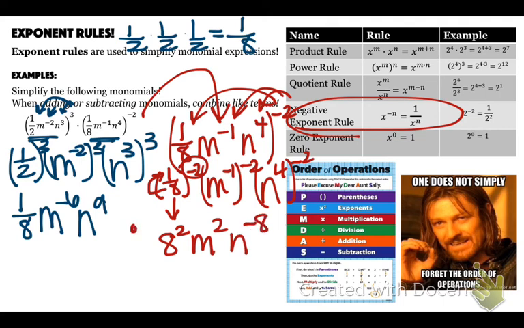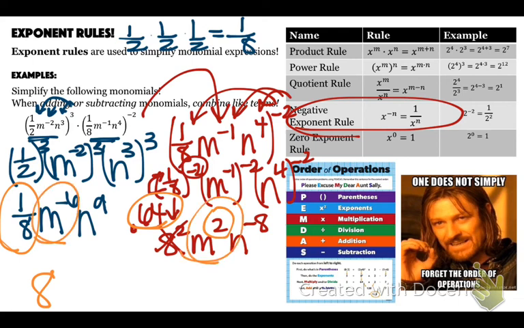So now we have these two. Okay, I'm going to run out of room. So here, this is the same as 64, so I'm just going to put 64 right here. Then if we multiply these, so 1/8 times 64, or 1/8 of 64, is 8. M to the negative 6 times m to the second. Well, negative 6 plus 2 is negative 4, so that's m to the negative 4th.